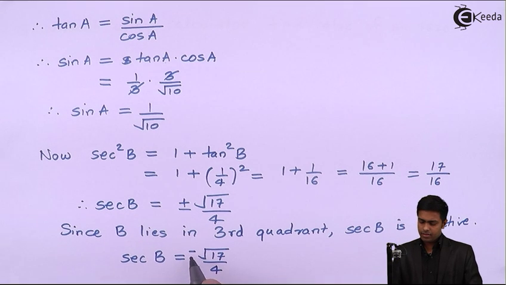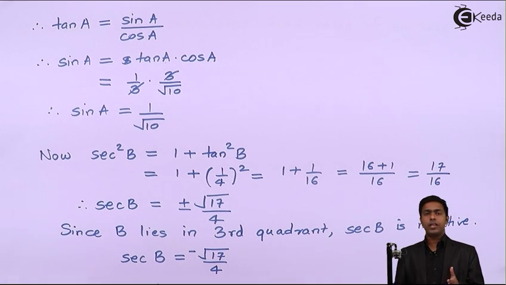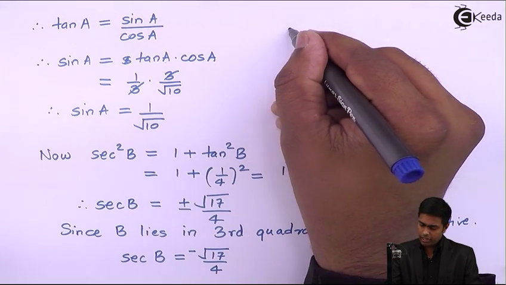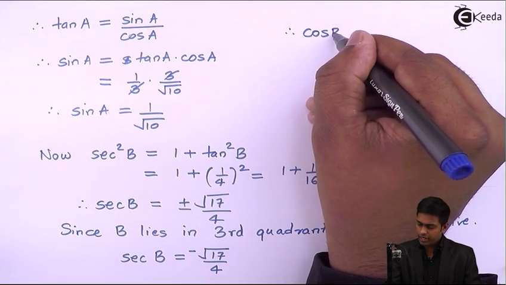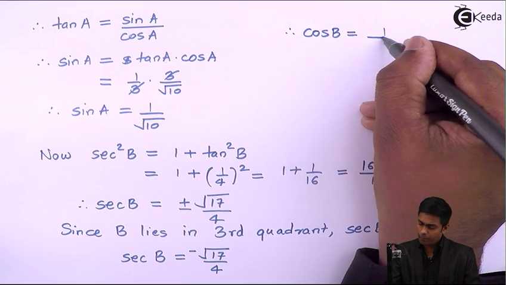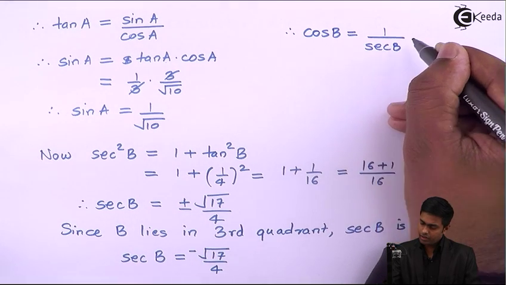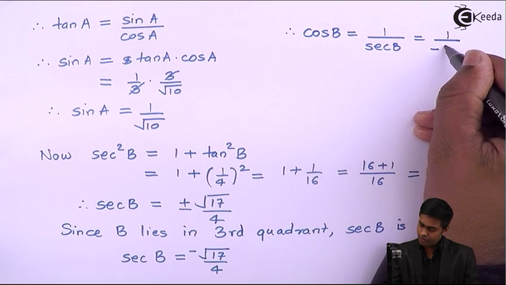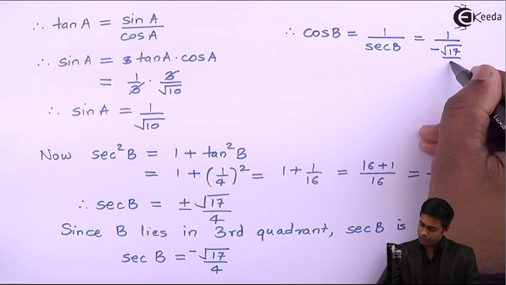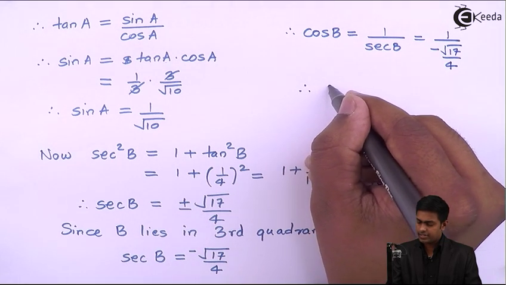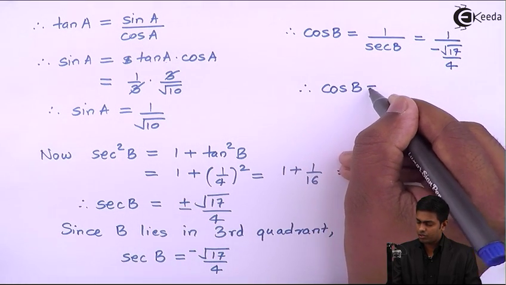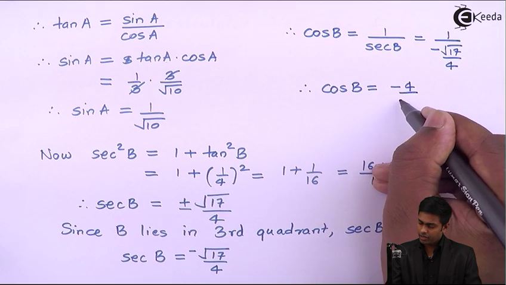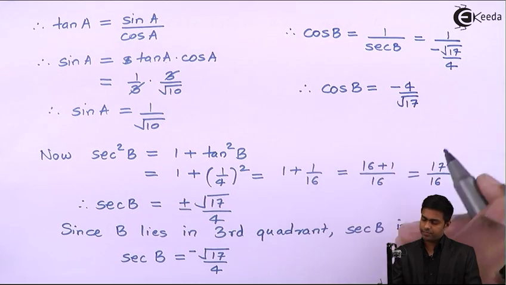Now from this negative value of sec of B, we will find out the value of cos of B. Therefore cos of B is equal to 1 upon sec of B, which is equal to 1 upon negative root of 17 by 4, and therefore we can say that cos of B is equal to minus 4 by root of 17.